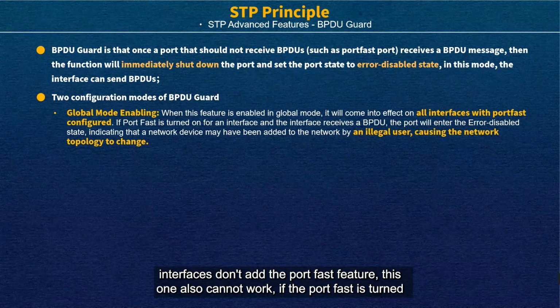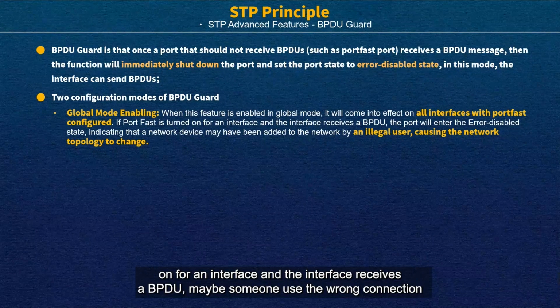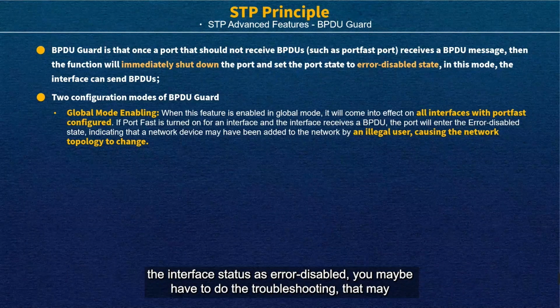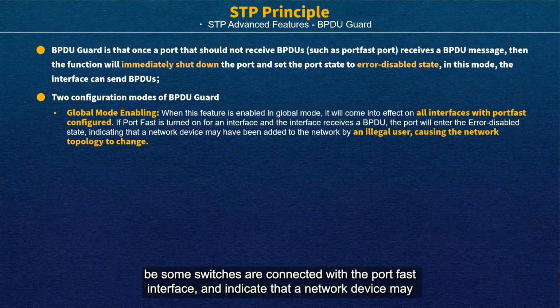If port fast is turned on for an interface and the interface receives a BPDU, maybe someone made a wrong connection with a switch, right? The port will enter the error disabled status. So if you find the interface status is error disabled, for troubleshooting, you may have to check whether some switch is connected to the port fast interface.